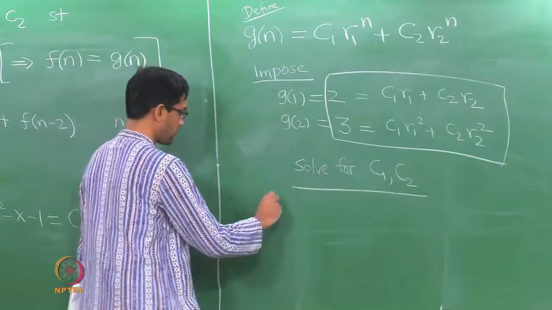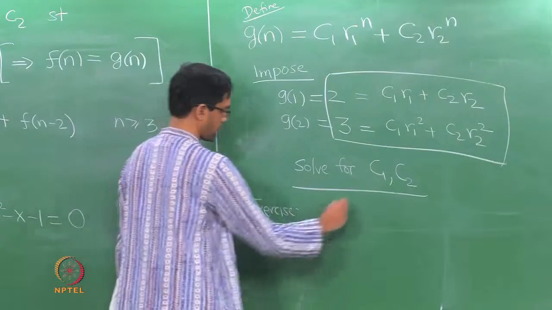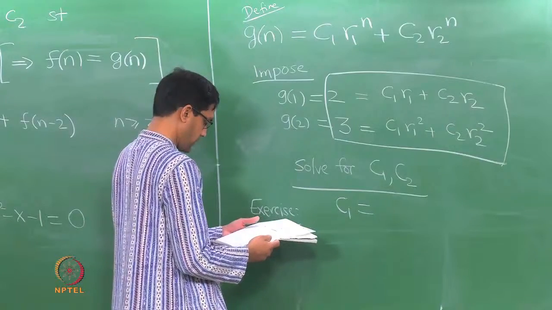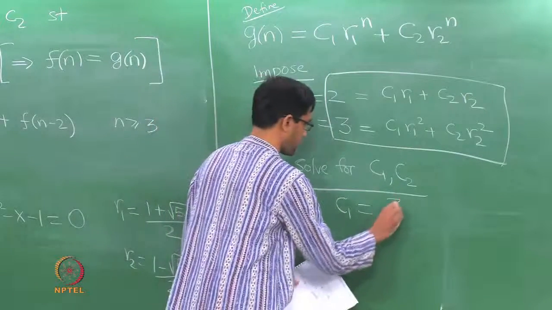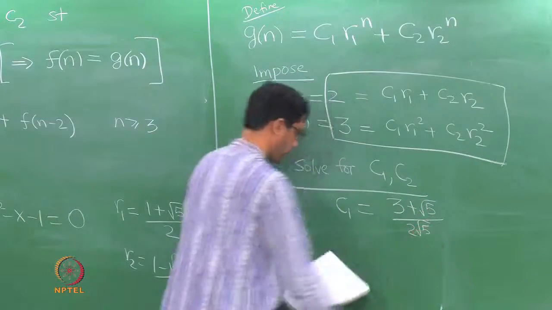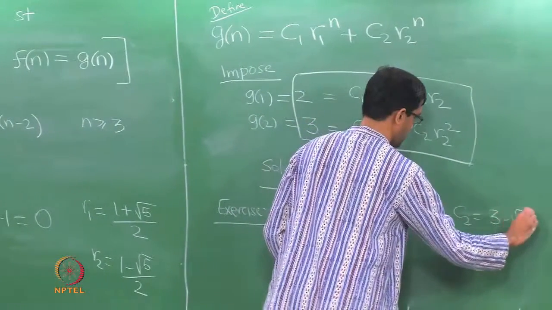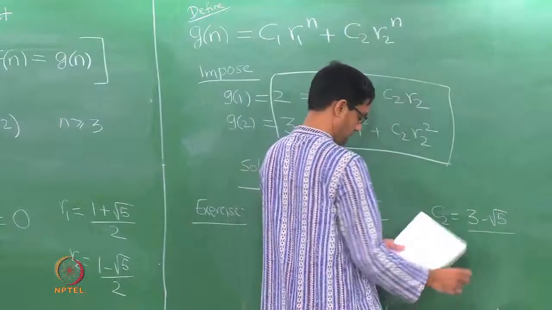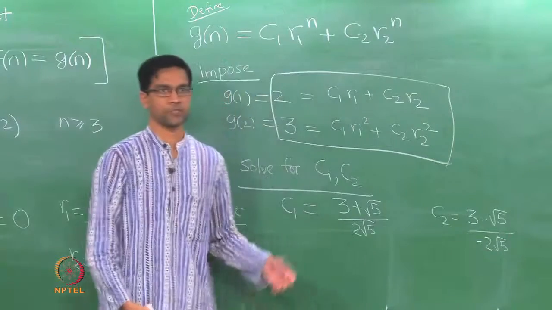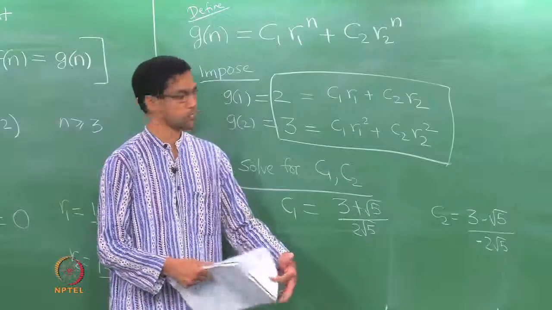I'll just give you the solution here; exercise, check that these are the choices that give you the required initial conditions. So c1 in this case is 3 plus root 5 by 2 times the square root of 5, and c2 is 3 minus square root of 5 by minus 2 times square root 5. So here are the constants which you can just get by solving these two linear equations for c1 and c2.